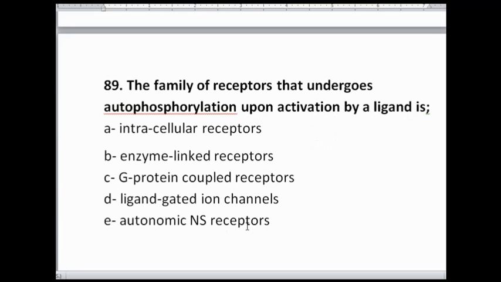This is actually a pharmacology question, and this MCQ is based upon the chapter of receptors. So the correct answer is enzyme linked receptors. So B is the correct option here.